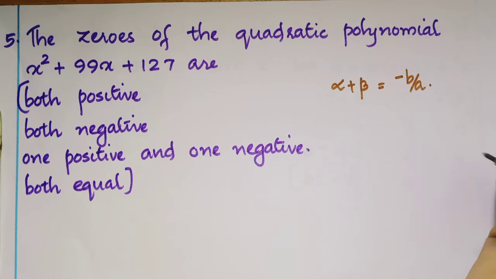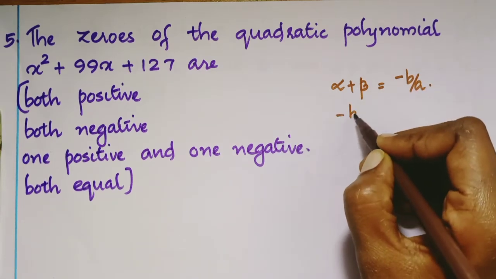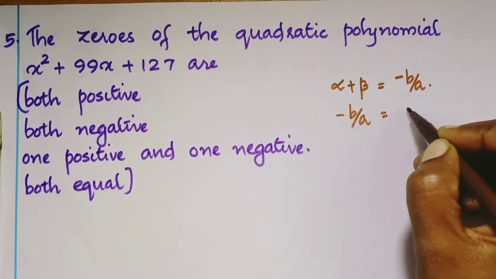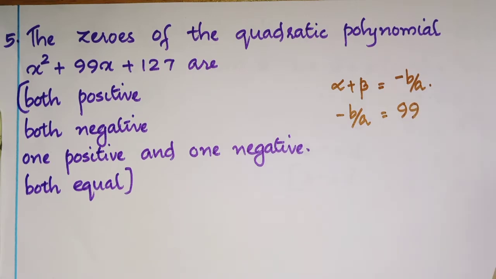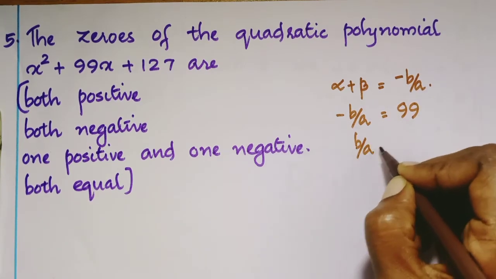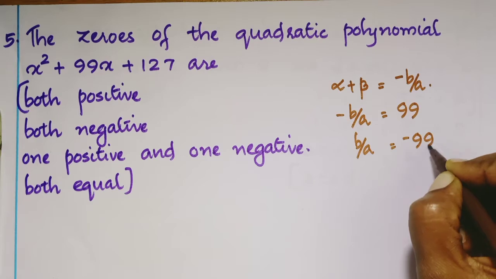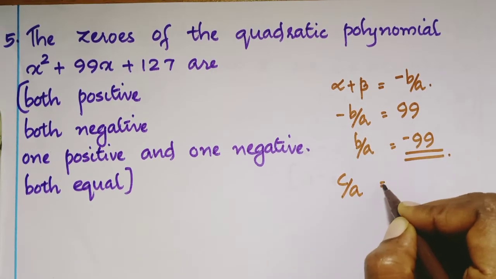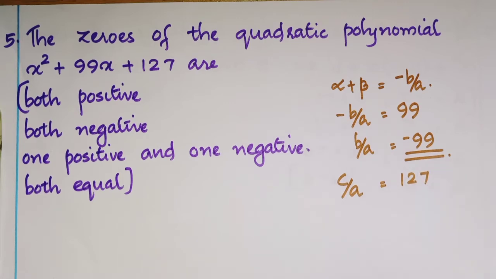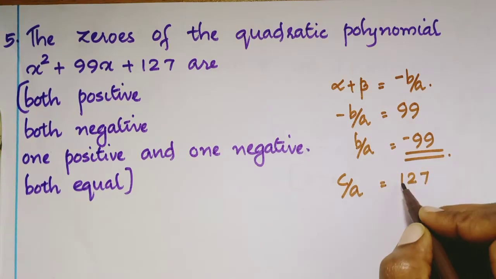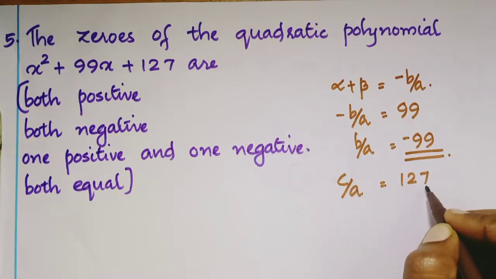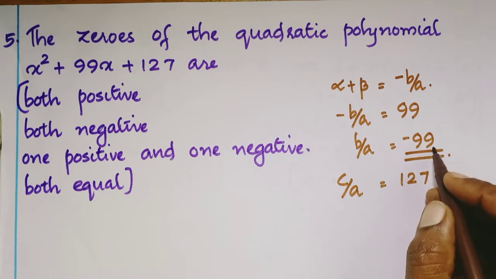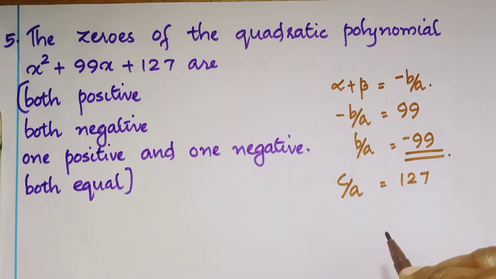That means here minus b by a is equal to minus 99, then b by a equal to 99. Similarly, c by a equal to 127. That means the product is positive and the sum is negative. So which one will be the answer? Yes, both negative.